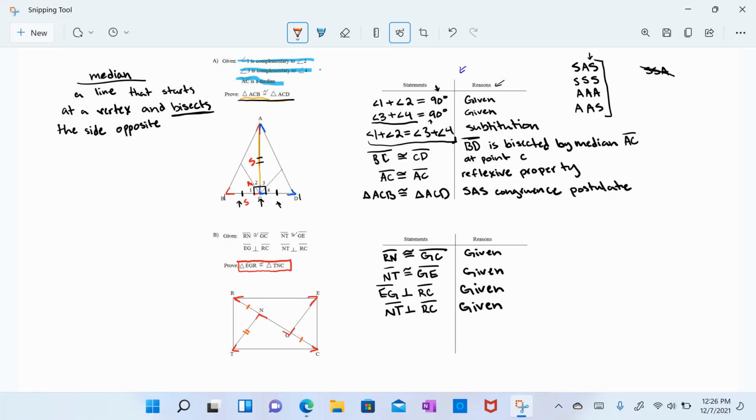So we're going to put that that's congruent to line GE, which is over here. Now we also know that EG and RC are perpendicular to each other. So what we're going to put is a right angle there, because that's what perpendicular means. So we find EG and we put a right angle, and we find NT and RC and we put a right angle.